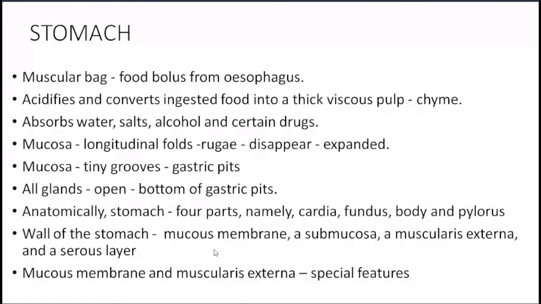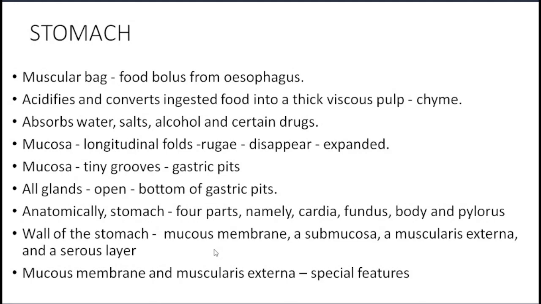Whatever the structure, it is the same. Where is the difference? The mucous membrane and the muscularis externa have some special features other than the normal features, so that it is differentiated. So in the stomach, how are the fundic part and pyloric part differentiated from the other parts of the GIT?